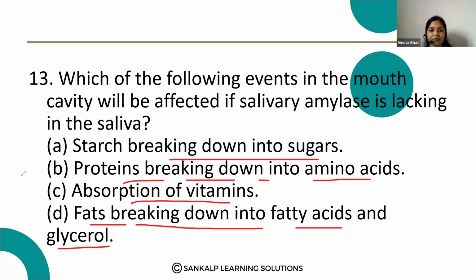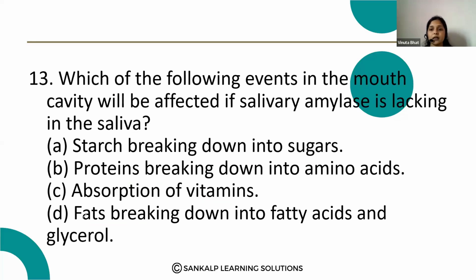Which process is affected here? Fat digestion takes place in the small intestine, not in the mouth. Absorption of vitamins also does not take place in the mouth. And protein breakdown also takes place in the stomach and the small intestine.